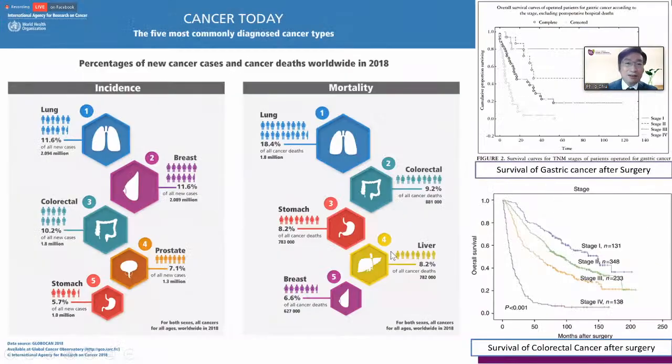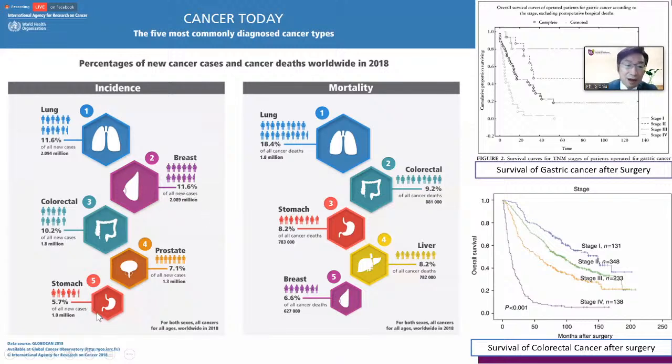From the global cancer statistics, you can see that the commonest cancers worldwide are lung cancer, breast cancer, and colorectal cancer.